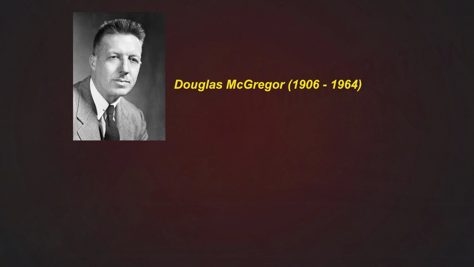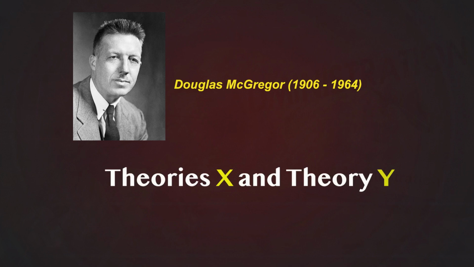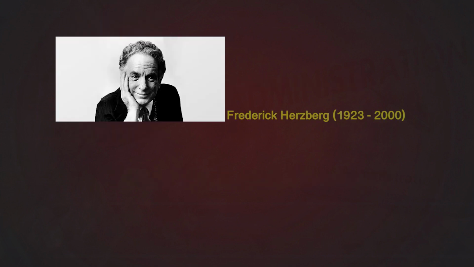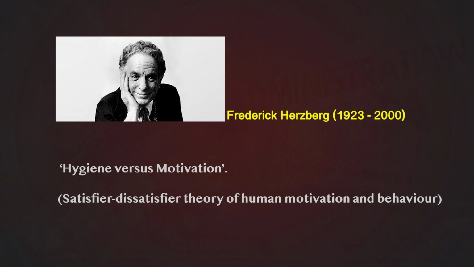With Maslow's study also came the work by Douglas McGregor, who postulated Theory X and Theory Y, and Frederick Herzberg's hygiene versus motivation, also known as the satisfier-dissatisfier theory of human motivation and behavior.